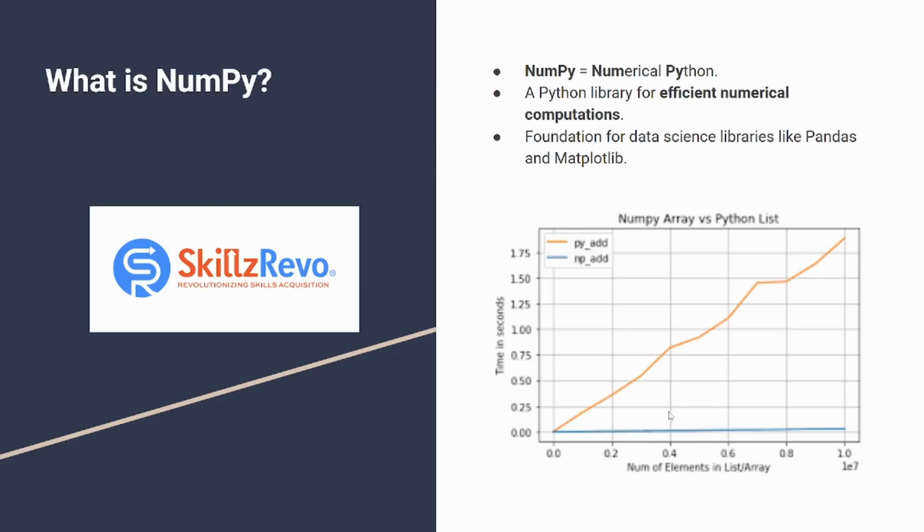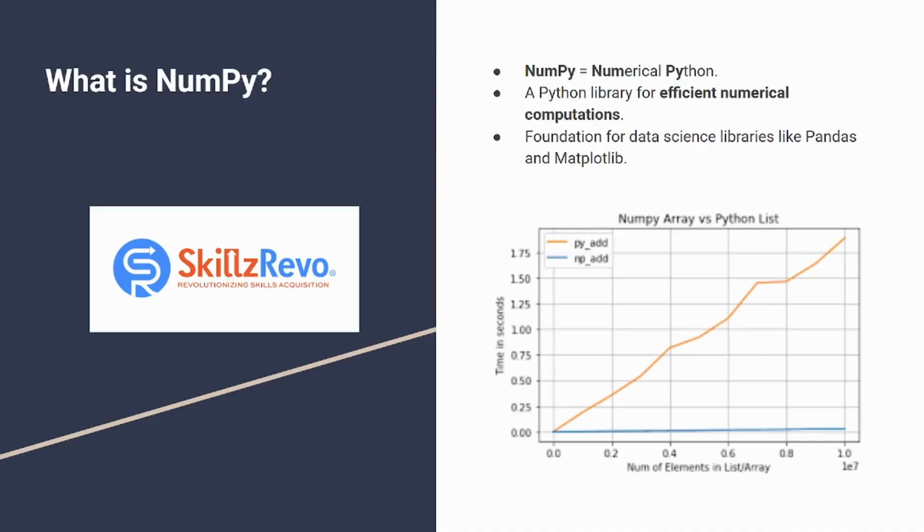As you can see, there is a graph plotted here. One is for the NumPy array and one is for our Python list. As you can see, there is an exponential change in the speed of the NumPy array compared to the Python list. Suppose you have a list of numbers like 1 2 3 4, which Python can handle.